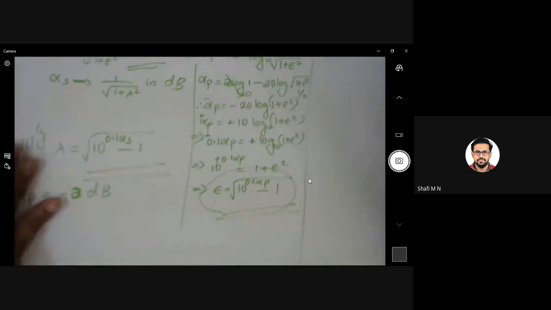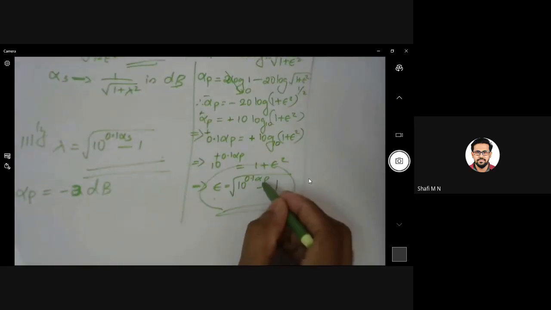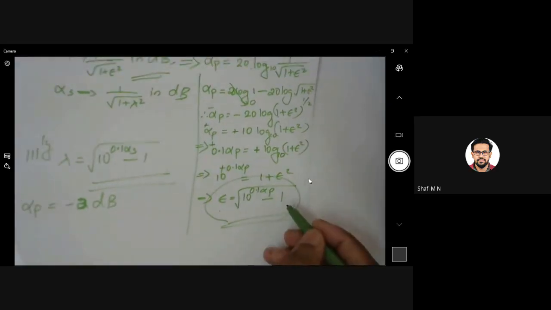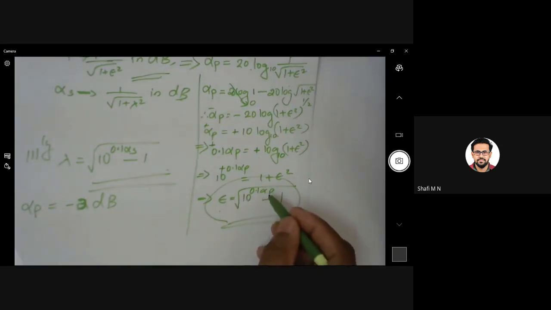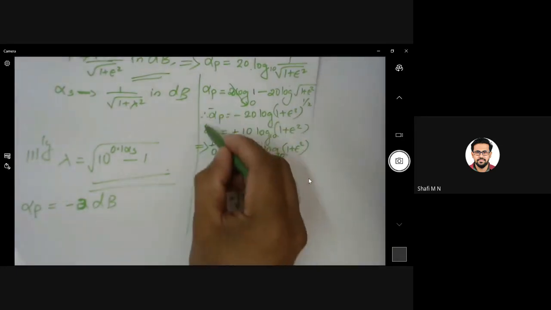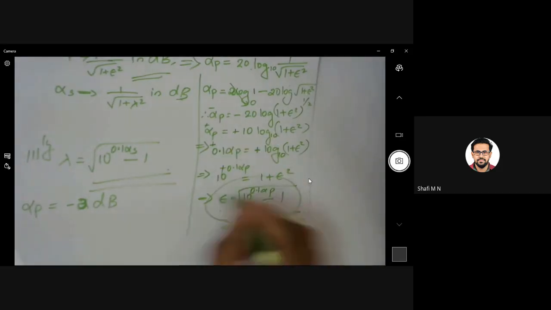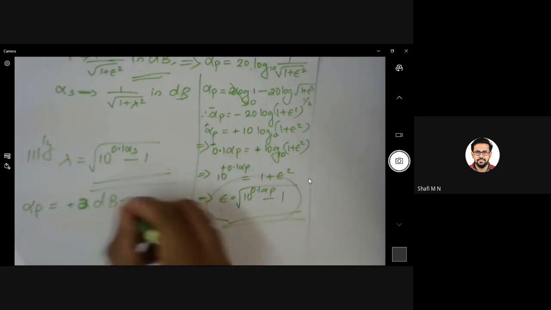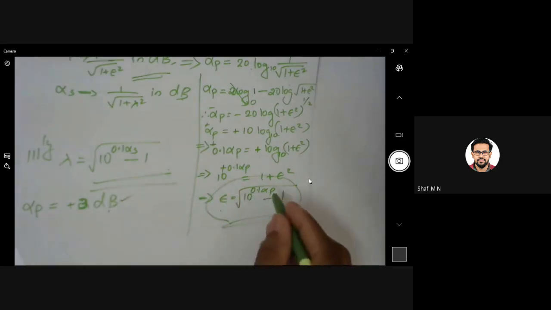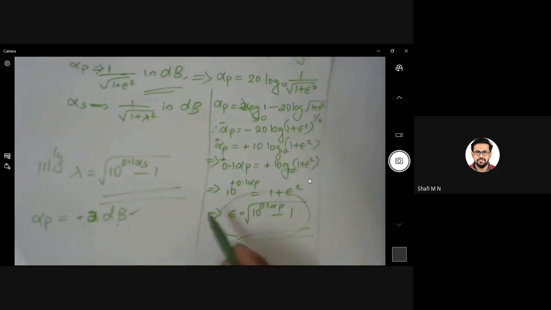Should I substitute it as minus 2 or plus 2? You can substitute it as plus 2 itself, because here we have already accounted for the minus sign. Okay, so you can substitute alpha p and alpha s as just plus 2 dB, directly using the positive value here. So this is the equation for epsilon and lambda.